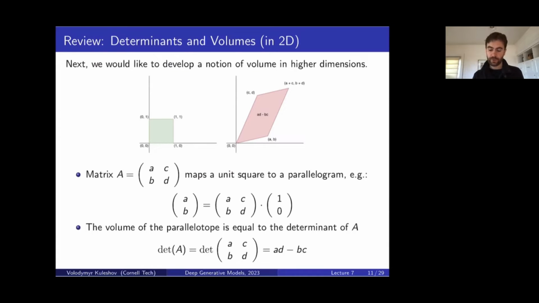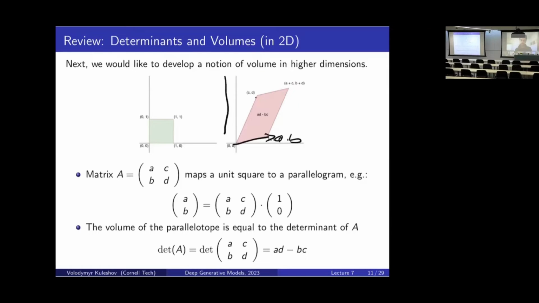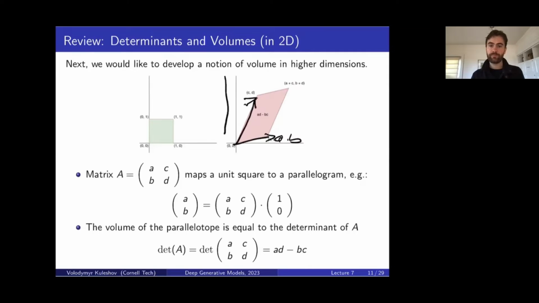In 2 dimensions, the determinant of a parallelogram. So this red shape here is a parallelogram, okay, and its sides are given by 2 vectors. This is AB, and this vector here is CD.